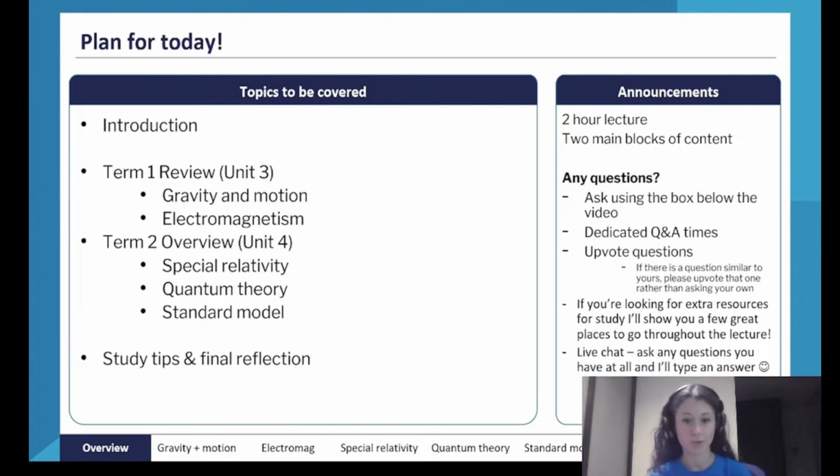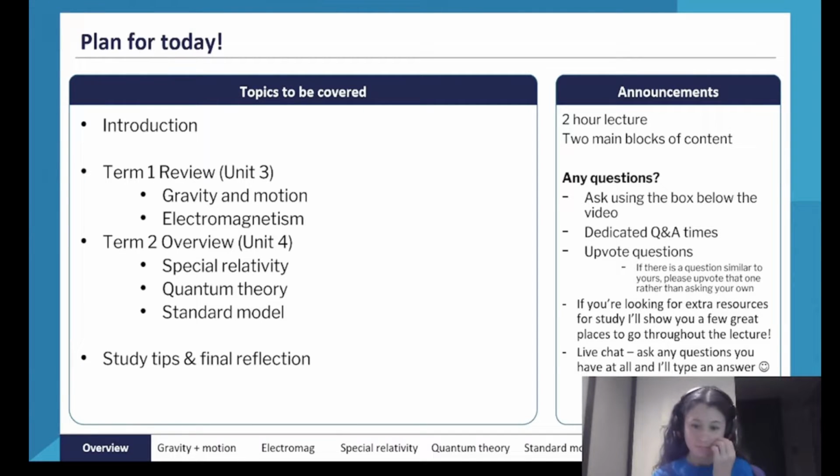That's going to include special relativity, quantum theory, and the standard model. This stuff is a little bit of a taste of what you guys are going to get to in the future. After that, we're going to go over some study tips and more of a final reflection. And yeah, that's what we're going to go over today.